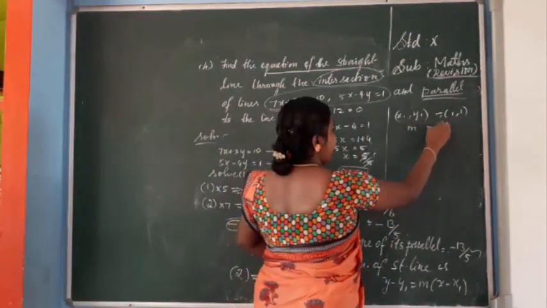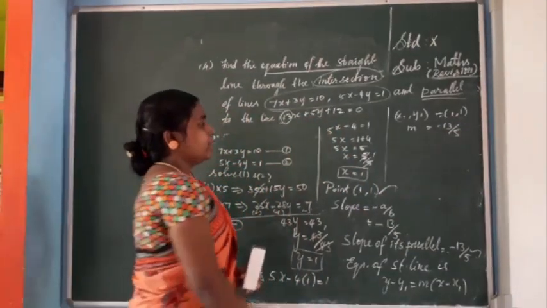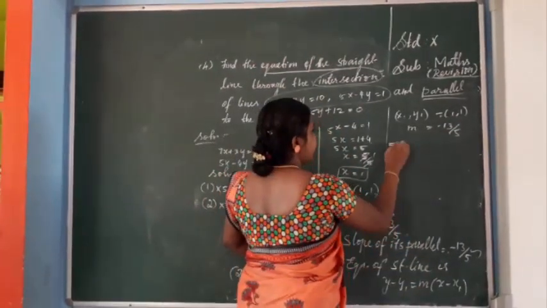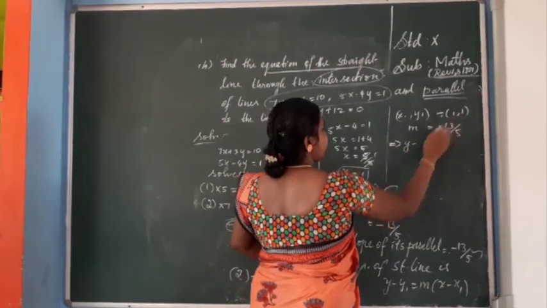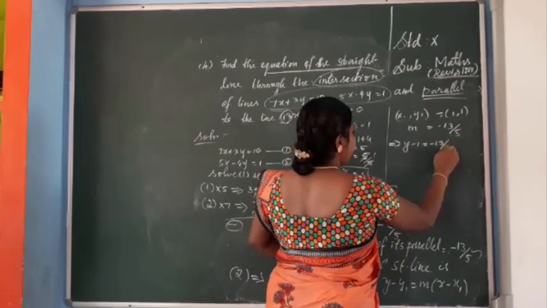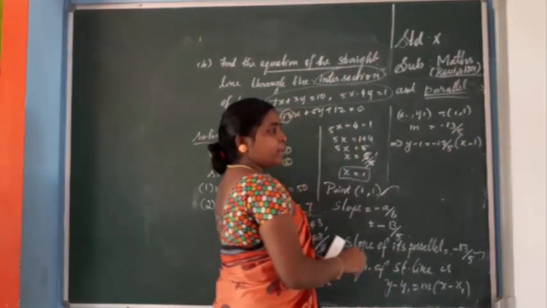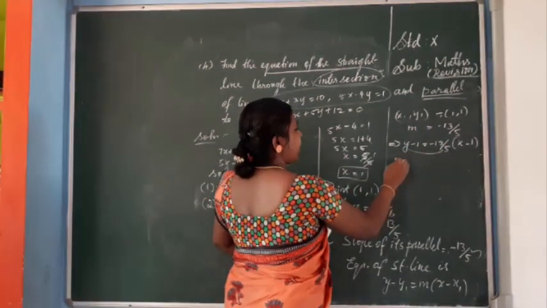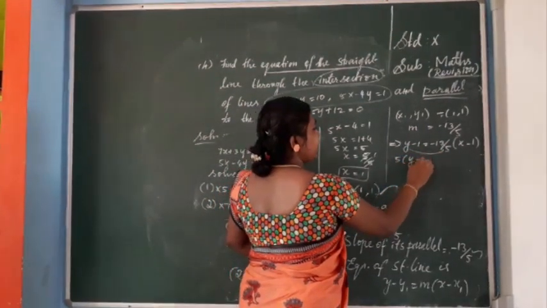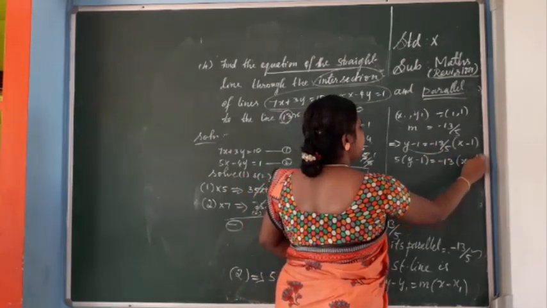Here x1, y1 is the point 1 comma 1, and m equal to minus 13 by 5. Now you substitute: y minus 1 equal to minus 13 by 5 into x minus 1. The 5 you take to the left-hand side: 5 into y minus 1 equal to minus 13 into x minus 1.